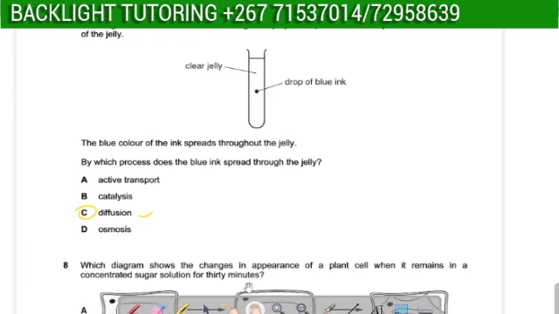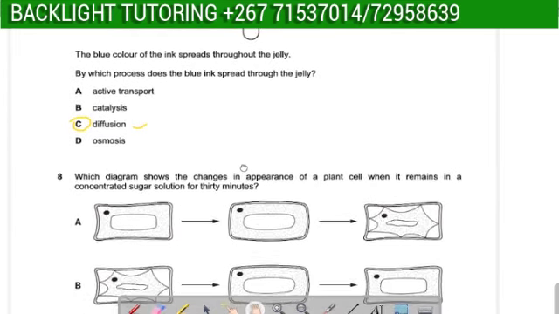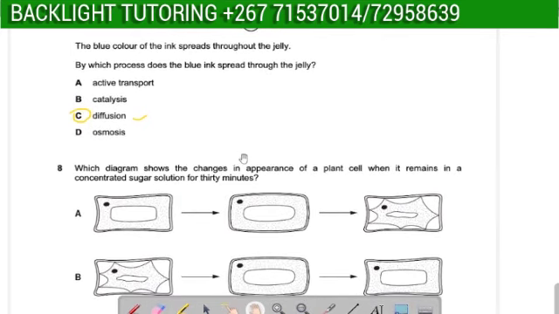Well, now let's move to question 8. It says which diagram shows the change in appearance of the plant when it remains in a concentrated sugar solution for 30 minutes.